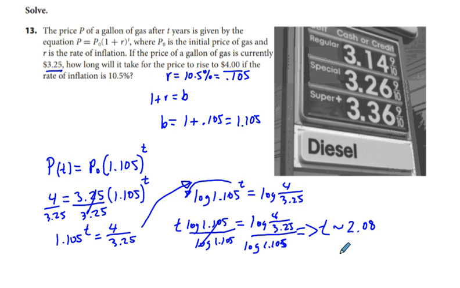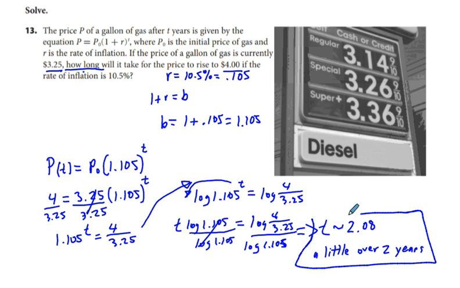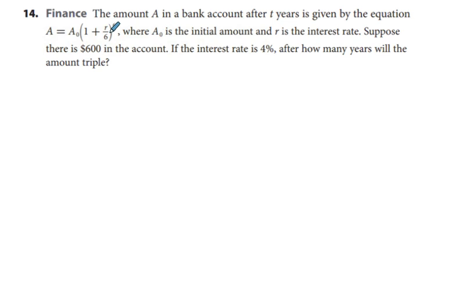It's asking how long will it take? A little over 2 years. So that's what we'll call our answer for this one. Okay, and then number 14 is this one here. Similar type problem.